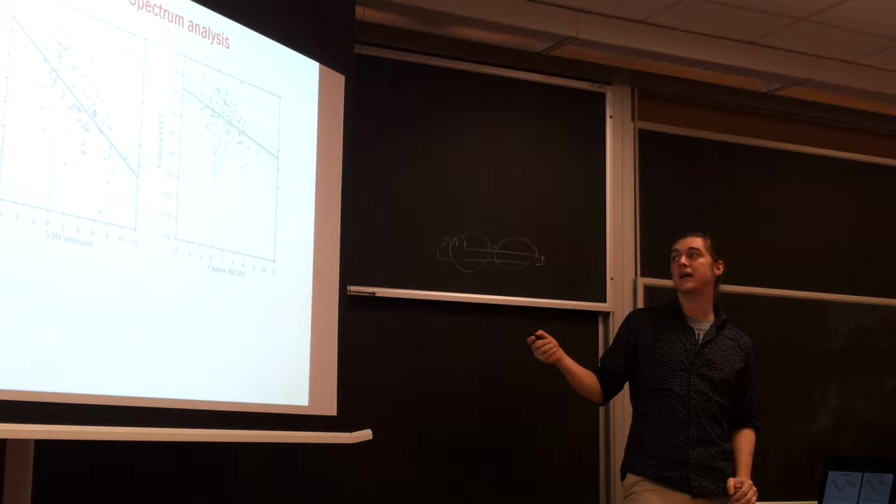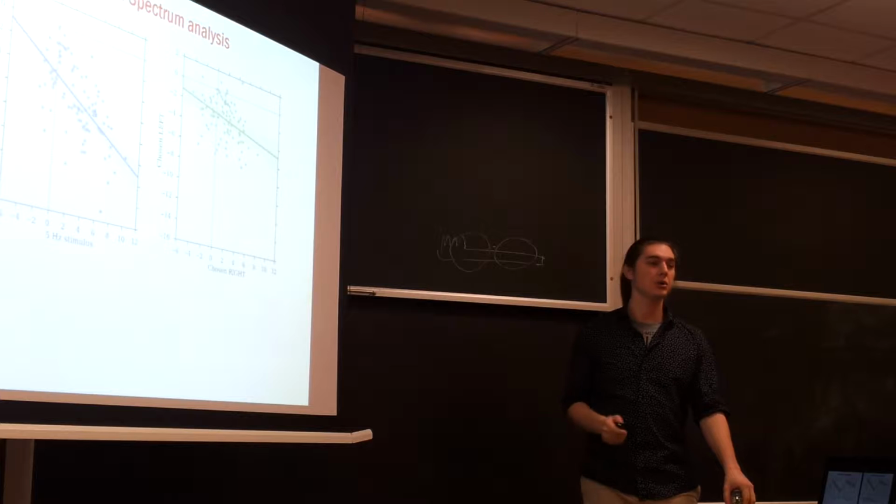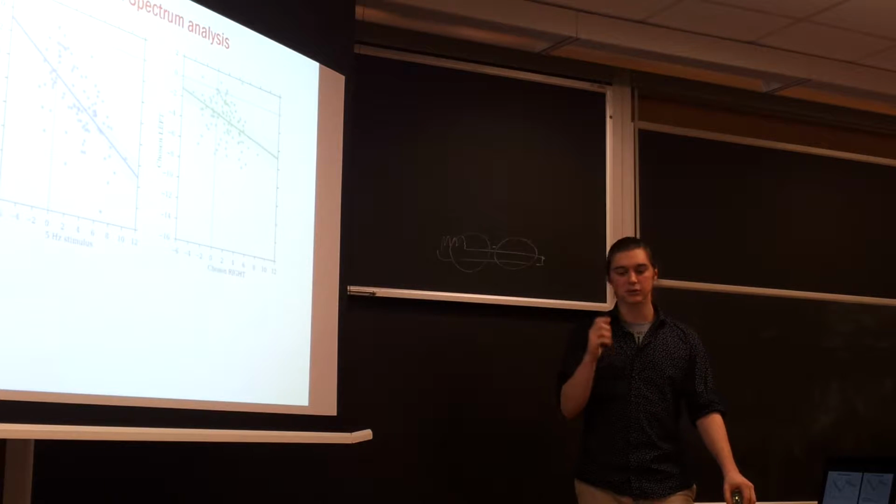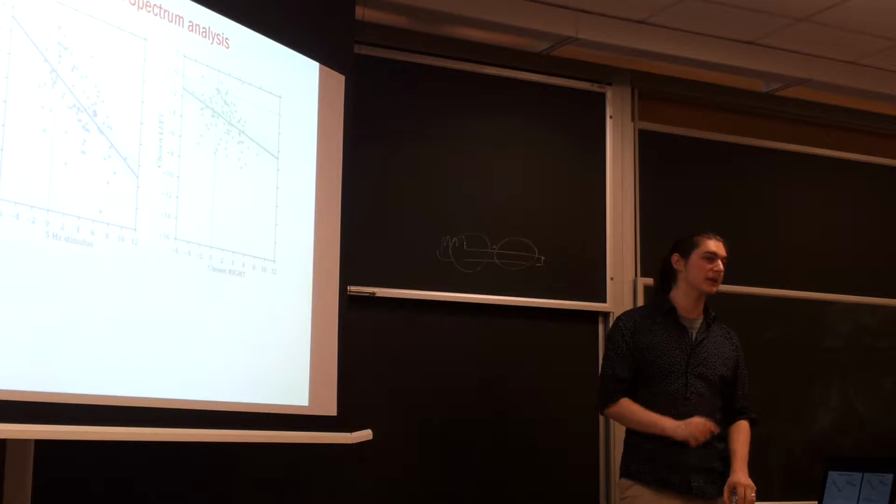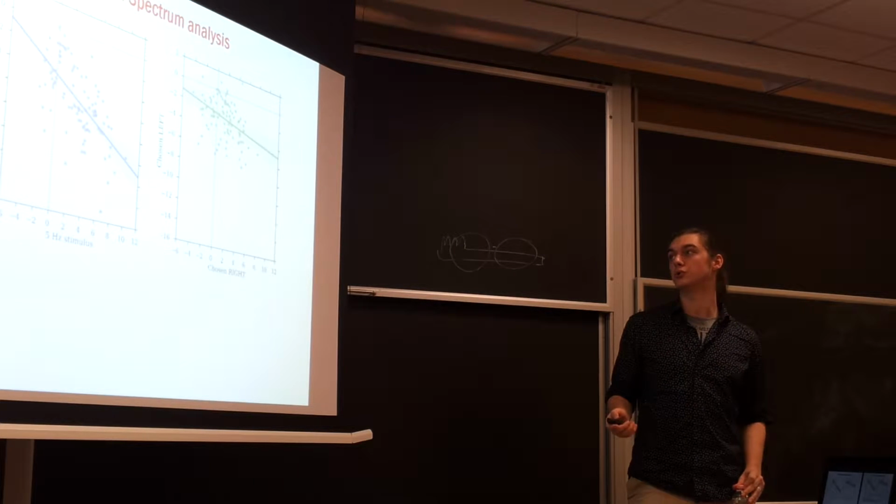But you cannot say anything about the choice of the rat. So you can say what stimulus was presented, but the choice of the rat is not known to you by looking at the spectrum.